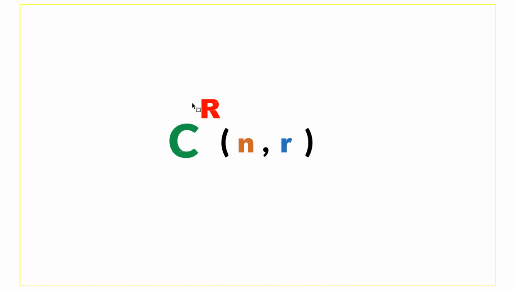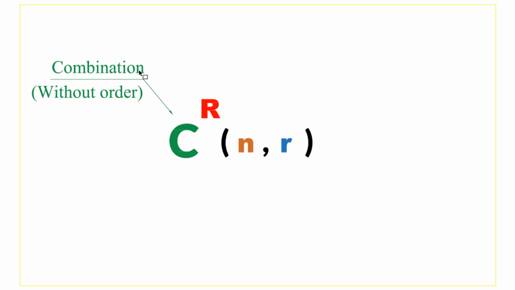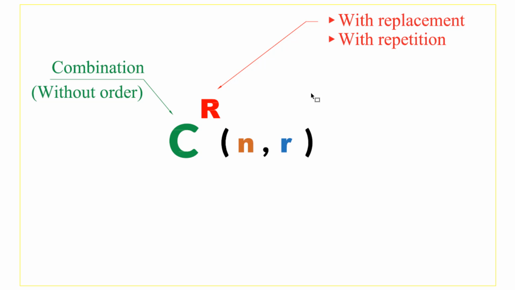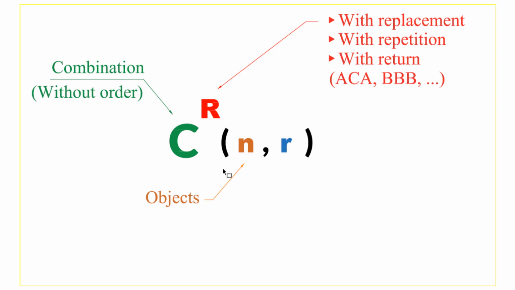So now let's read this formula here precisely. We have combination, which implies no order, with replacement, or with repetition, or with return, and all of these phrases mean the same thing, which means that a letter in the generated sequence can be repeated, of n objects taken r at a time, and r is the sample size or the sequence size.